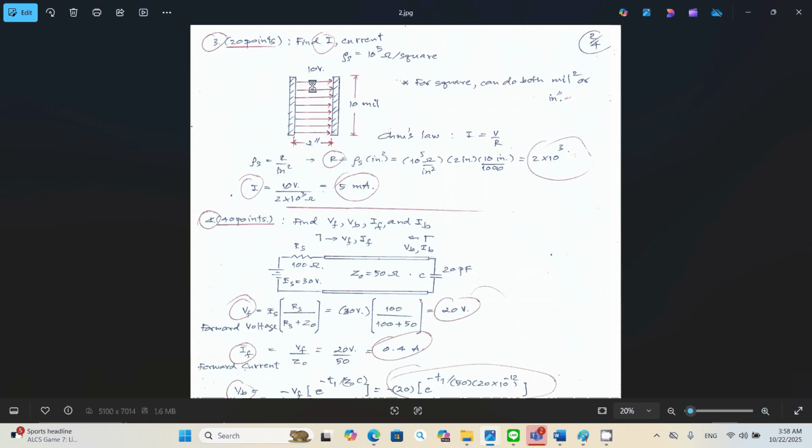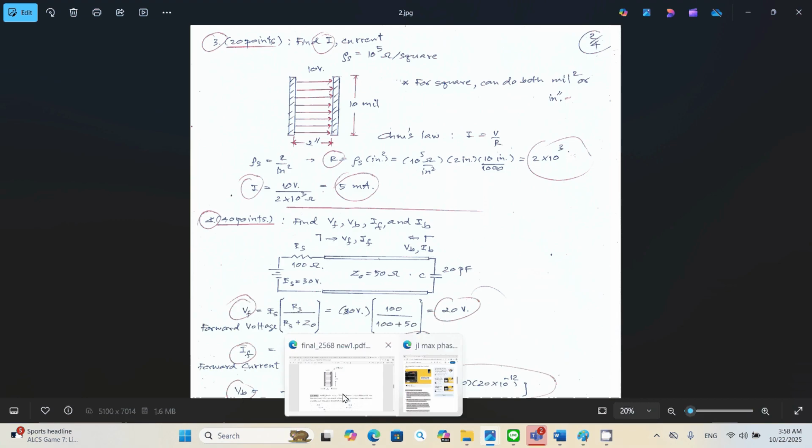So the area of the surface equals 2 inch multiplied by 10 mil, and you convert mil into inch. 1 mil equals 1 over 1000 inch, and then you end up with the resistance equal to 2 by 10 to the cube, and you end up with the current equal to 5 milliamp. Okay.